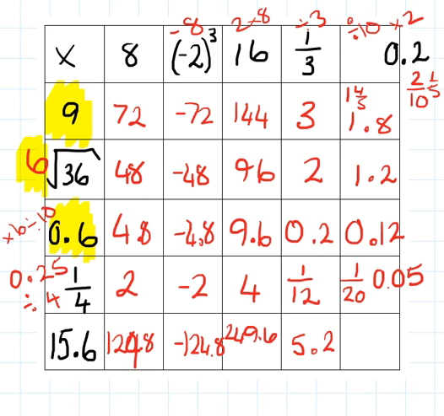Now this is one where we need either all in fractions or all in decimals, and we've got the decimals. So 1.8, 1.2 makes 3, and then the 0.12, 3.12. Yeah. Okay.